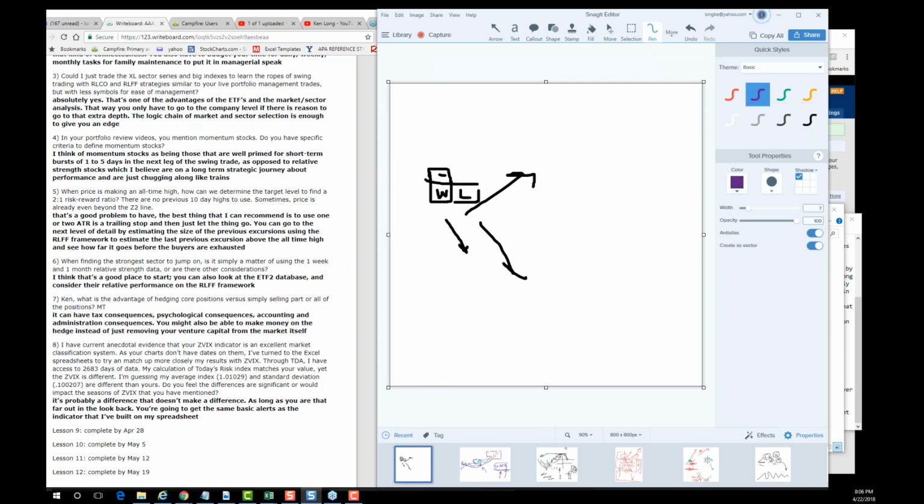But if I have hedged, I still have my whole position, and the hedge is making money on the way down. So it goes down, the hedge is making money, and that might be enough to either offset the losses or even make a little bit more. I like to normally just keep it market neutral.